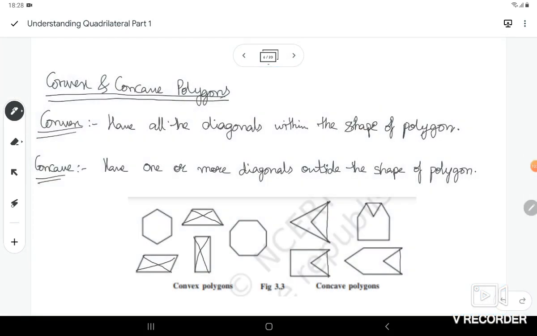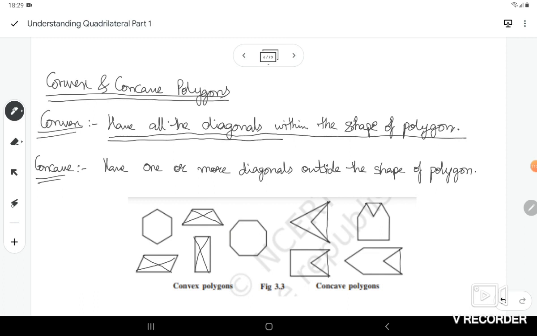Now moving further. So we have already studied what is a polygon. Now it's time for the types of the polygons. So there are 2 main types of polygons, that is convex polygon and concave polygon. Now what are convex polygons? Convex polygons have all the diagonals within the shape of the polygon.